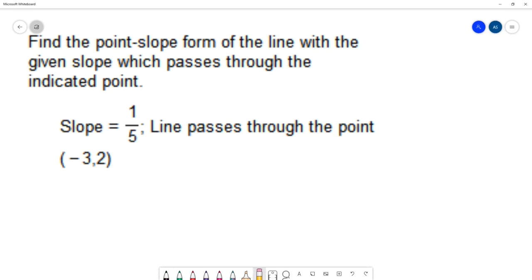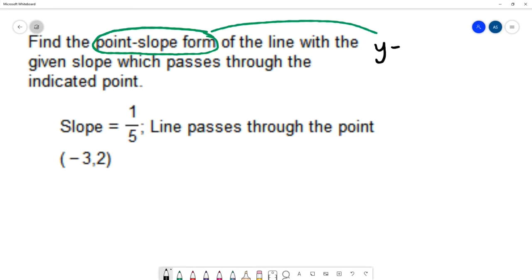So in this example, we want to find the point-slope form of a line with the given slope which passes through the indicated point. So let's start with this point-slope form. Point-slope form is a way that we write linear equations.